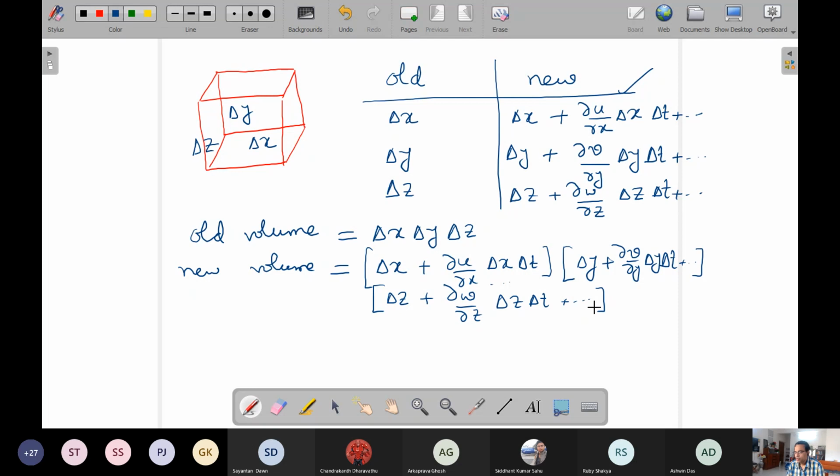So we have an expression for the new volume, and again you see that the Cartesian coordinate system we have chosen with the purpose that it gives us a simple idea of calculating the volume based on the geometry, nothing more than that, because we will generalize this subsequently. So let us now take certain commons.